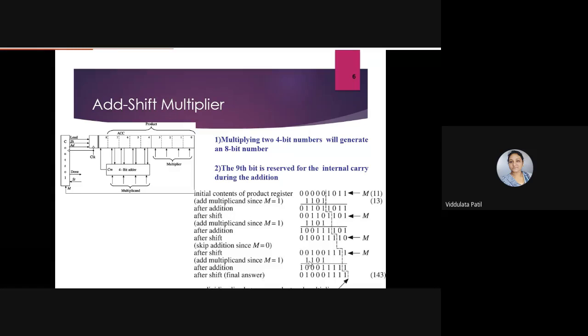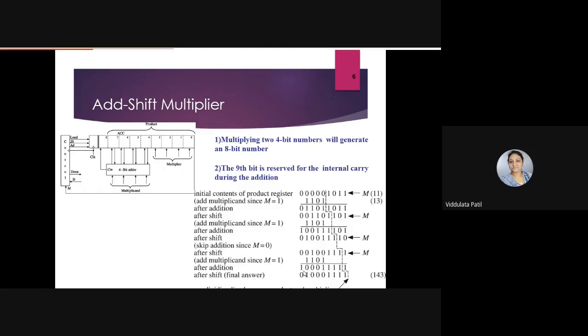Okay, so here this result will be now 1 plus 0, that is 1, 1 plus 0 is 1, 1 plus 0 is 1, 0 plus 1 is 1, 1 plus 1 is 0 carry 1, 1 plus 0 is 0 carry 1, and then 0 plus 1 plus carry 1, that is equal to 1.